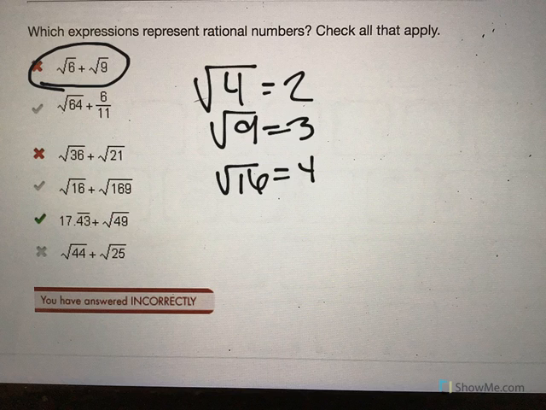If it's not a perfect square, it's always going to be irrational. The square root of 5, as we just went over, is irrational. The square root of 6 is irrational, meaning it's going to have a decimal, it's going to go on forever with no pattern. And so as you can see from here, we have the square root of 6. It is irrational, and if I add a rational to an irrational number, it's always going to be irrational. You can check that on the calculator.